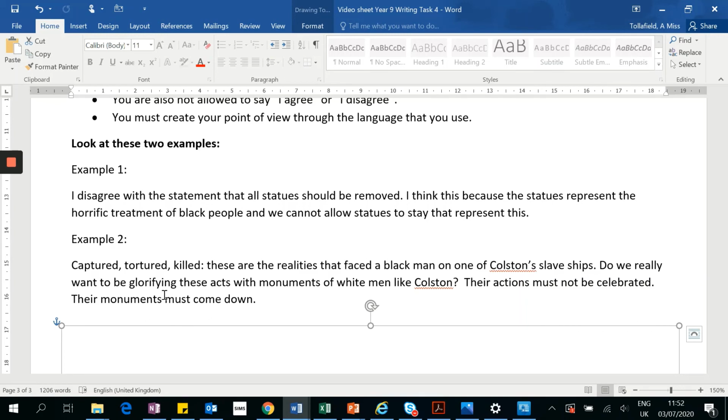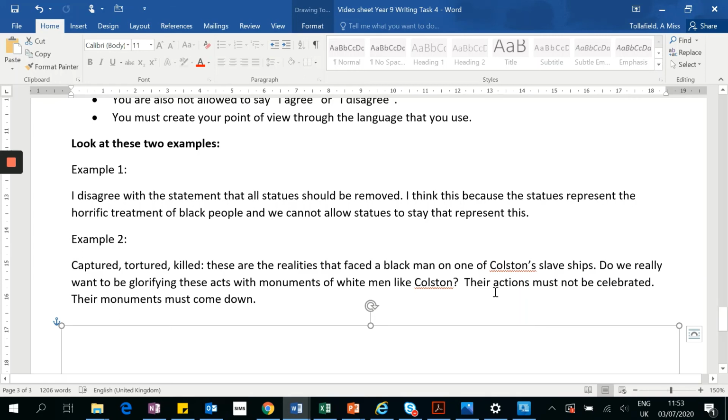Their point of view is continued in the second sentence with this rhetorical question. Do we really want to be glorifying these acts with monuments of white men like Colston? By including that rhetorical question here, you're inviting the reader to join in with your quest at understanding why it is important to remove these statues.